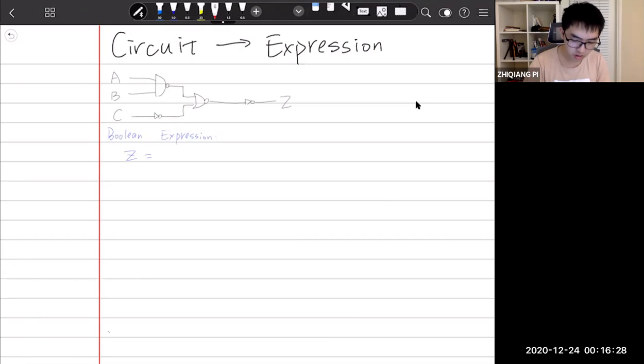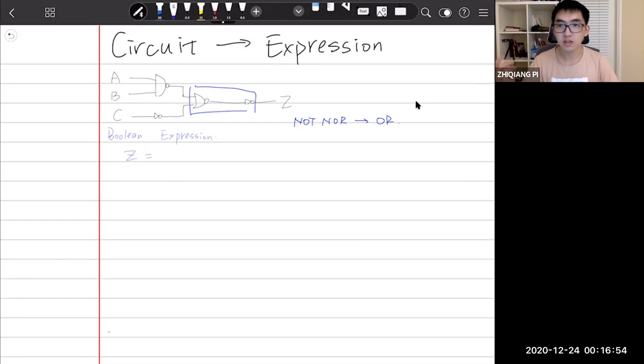So let's get started. Similar as before, we look at the uppermost layer. Actually, in the circuit sense, we look at the last gate applied, which are these two right here. And this is just a not nor, which is the same thing as or.